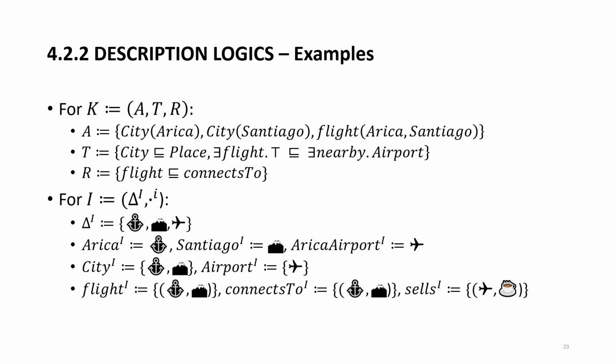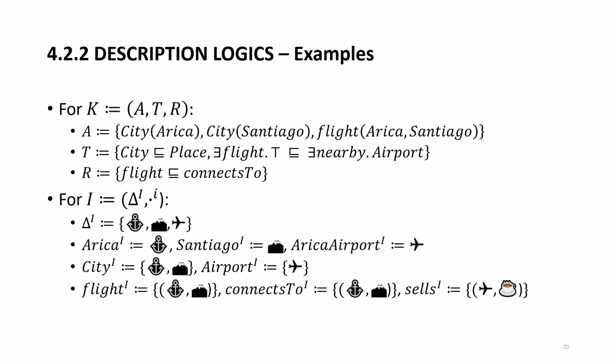We have that the class city has the subset port, mountain, and the class airport has the subset plane. And we have that the relation flight has the pair port, mountain, the connects to has the pair port, mountain, and the relation nearby has the pair plane, port.